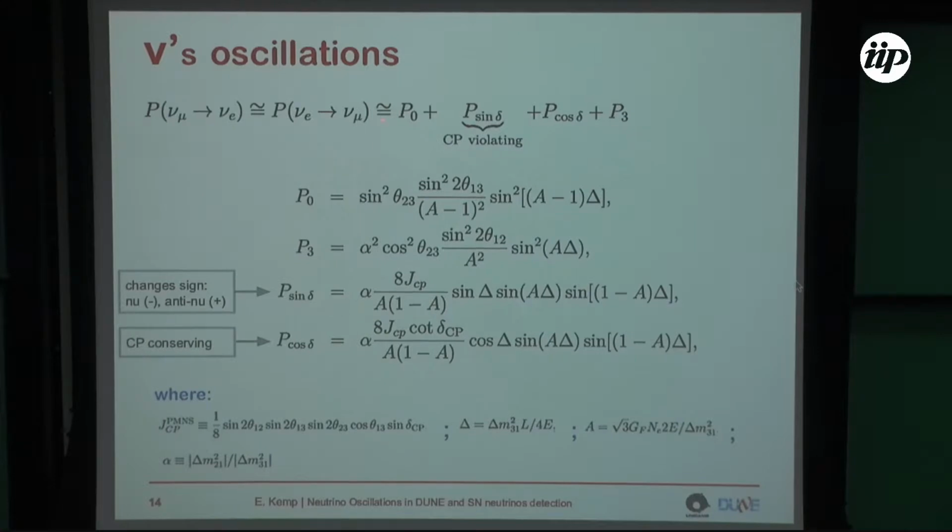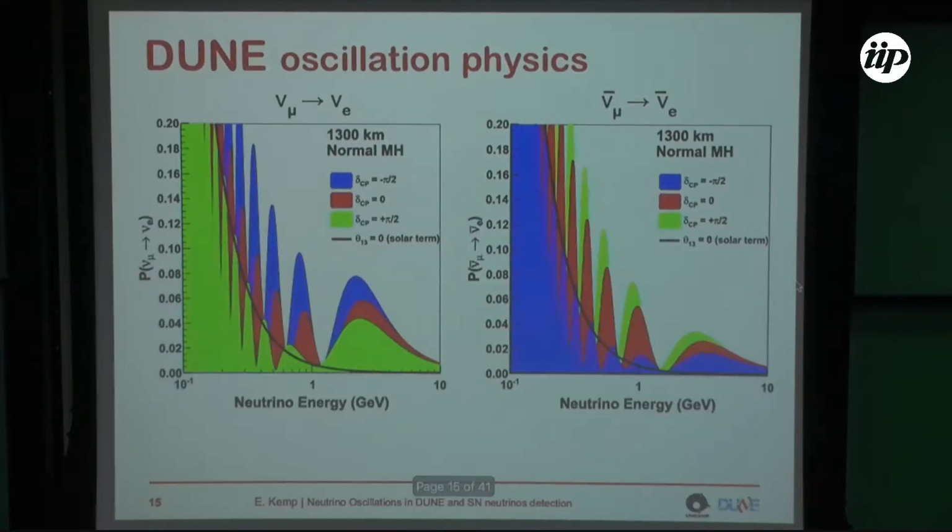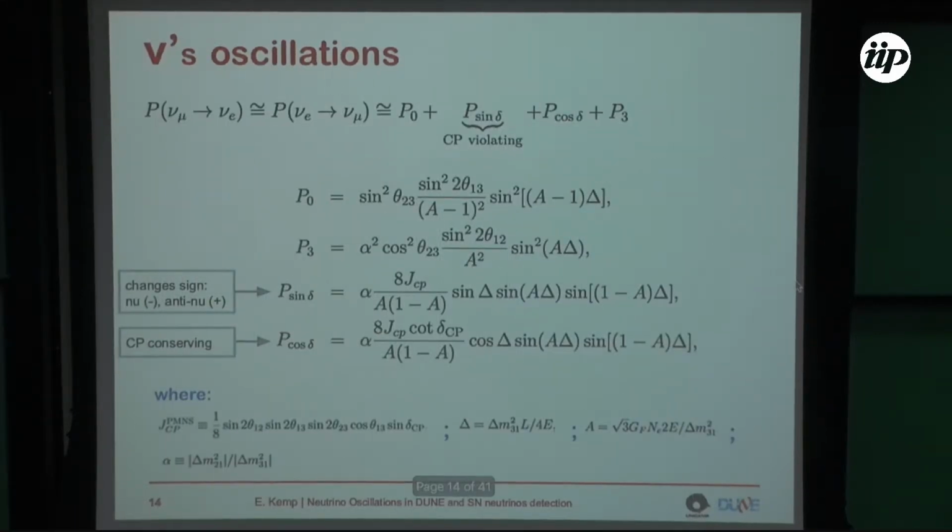And here is the probability of observing oscillations from one flavor to another, and it can be decomposed into 4 terms. And this one is interesting for us because this is the CP violating term. This is because you change the sign of this term in this sum when you go from neutrinos to antineutrinos, from minus to plus.